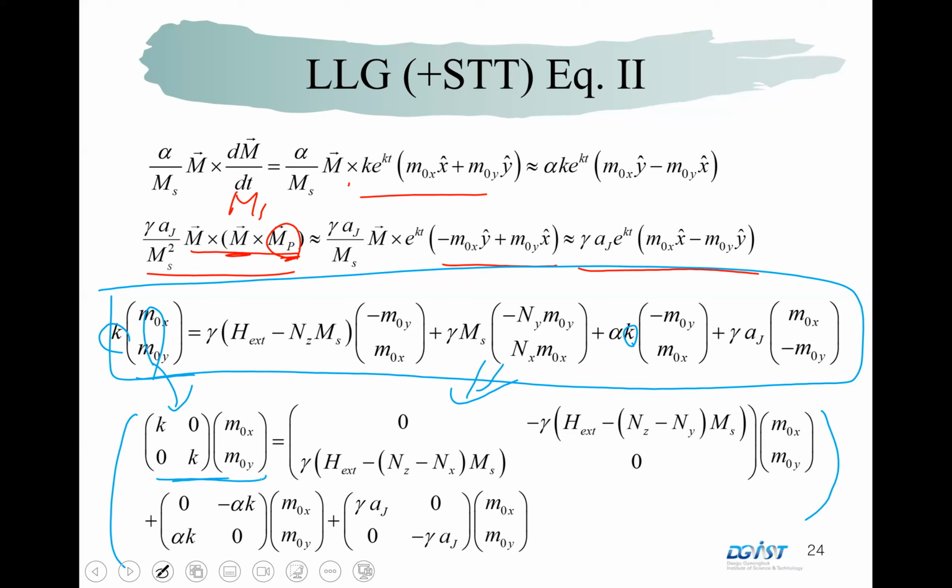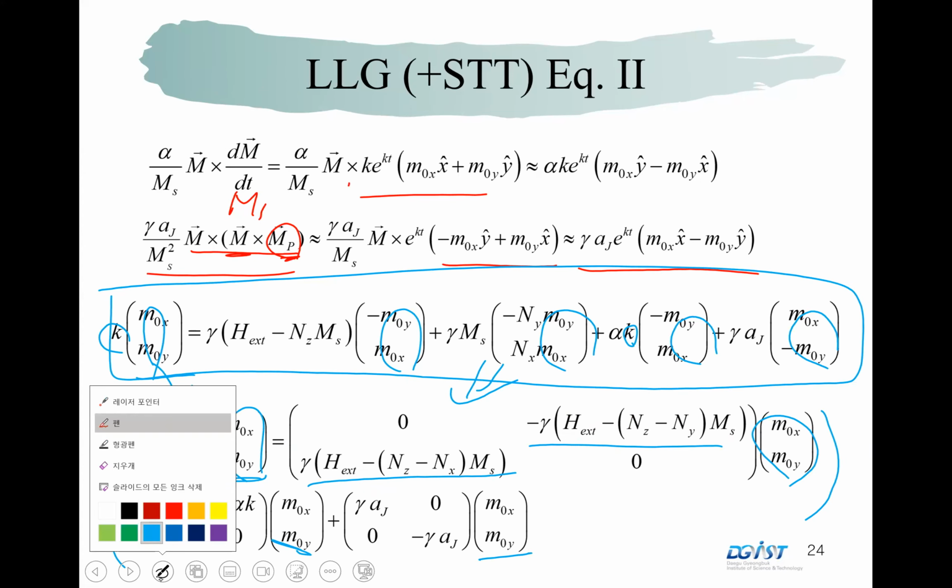This is exactly this one, and here the x and y are mixed, so we can put them in the proper order. So we can make the off-diagonal element terms in a matrix form, and all the m0x, m0y are of the same order, so we can collect them all together.